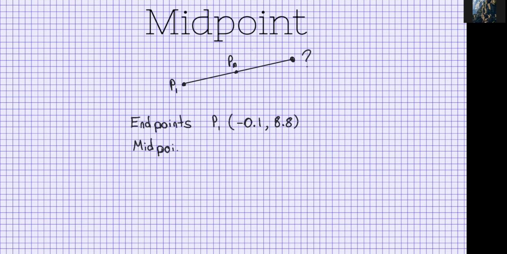And they tell you that the midpoint, which we will call PM, is found at 10.2, comma negative 7.1. And we have to find the other endpoint. In other words, we have to find point 2. Okay, that means that we will be looking for x2 and y2.